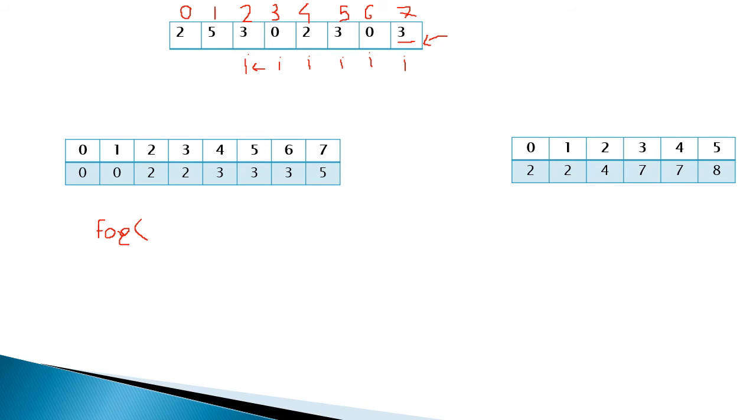For I is equal to n minus 1. Then what should be the terminating condition? The terminating condition is that I is greater than or equal to 0. Then I minus minus. Okay.